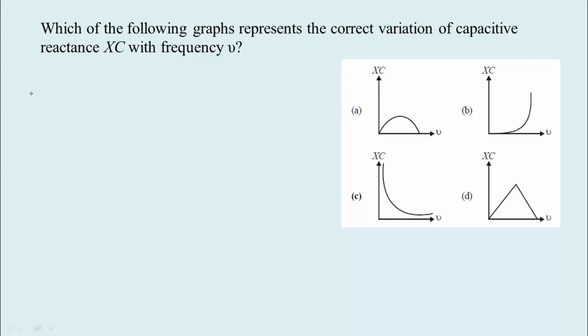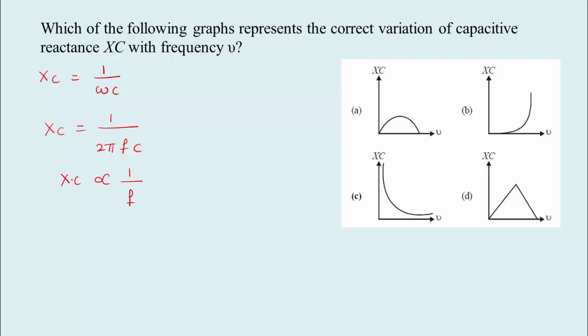Capacitive reactance is given by the equation XC equal to 1 by omega C, or 1 divided by 2 pi F C. What is the relation between frequency and capacitive reactance from this equation? XC is inversely proportional to frequency.